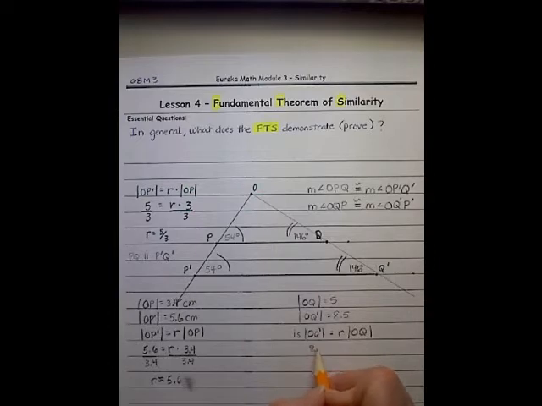So I have 8.5 is equal to, and our scale factor was 5/3, and I want to know if 8.5 is equal to 5/3 times the original length of 5. So I'm going to multiply this, and when I multiply this, it is approximately, not exactly, but approximately equal to.